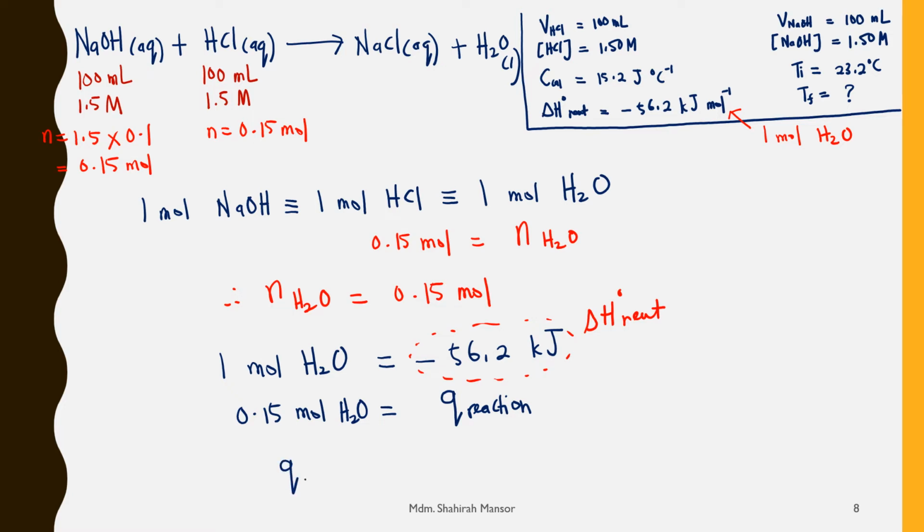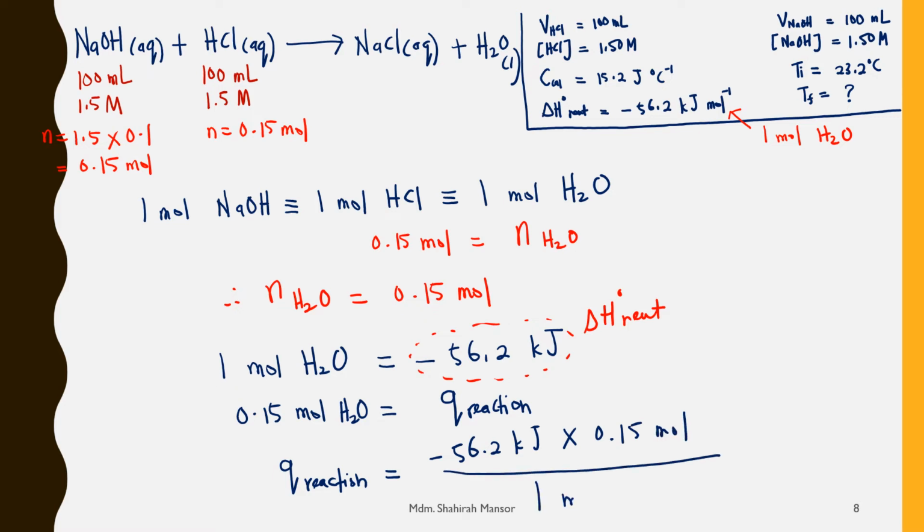Okay, so Q reaction will be... okay, so this is the nilai of the Q reaction, iaitu negatif 8.43 kilojoule.